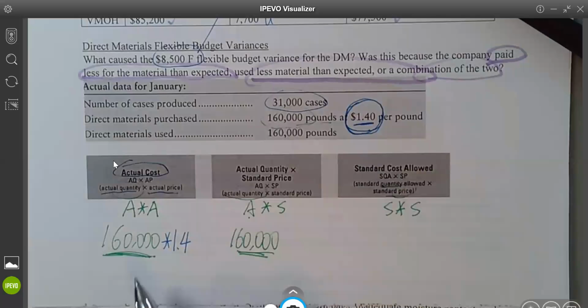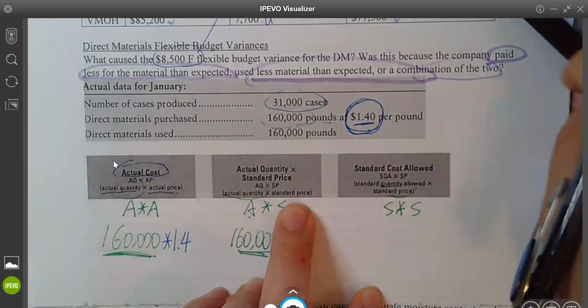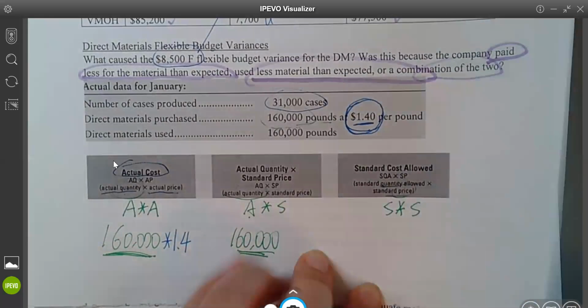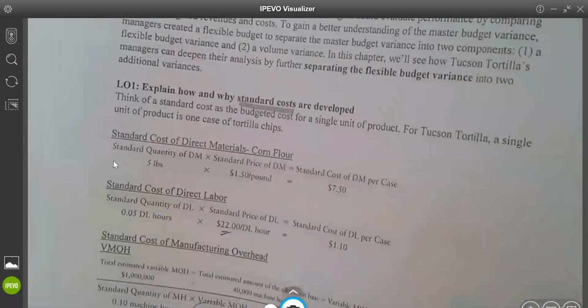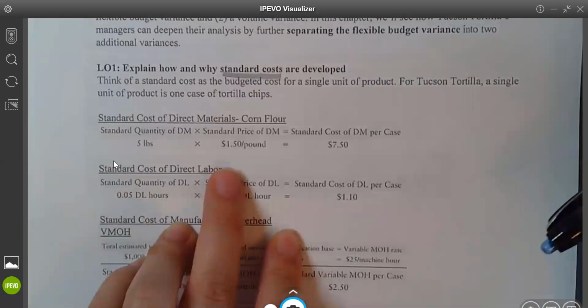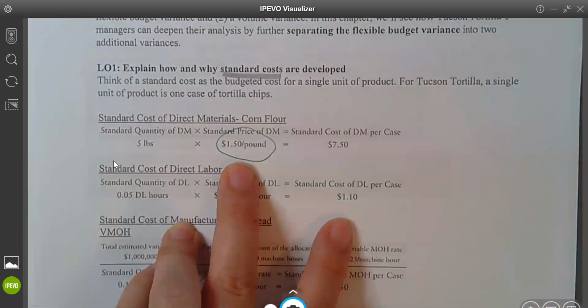Now we got actual times actual, and then we have actual times standard. Okay, the standard price, how much is it?